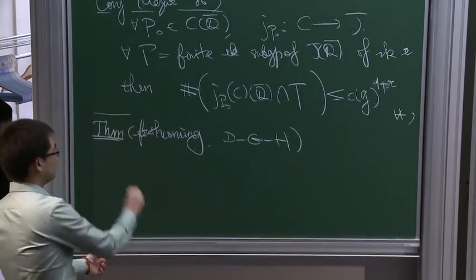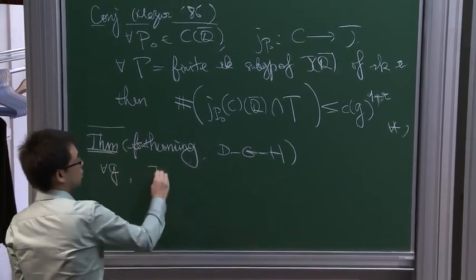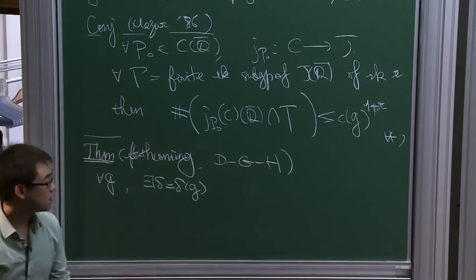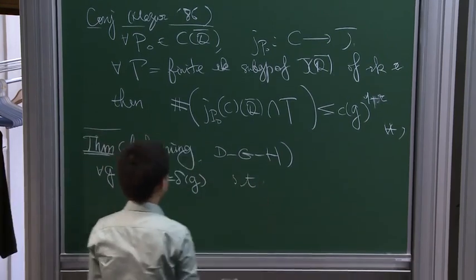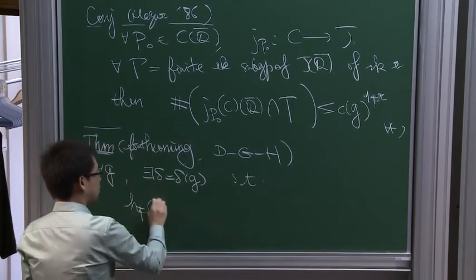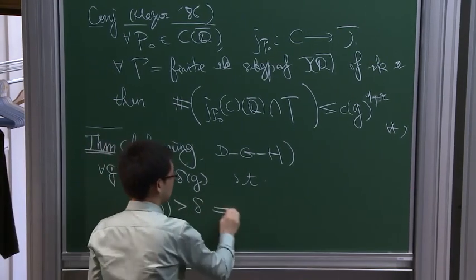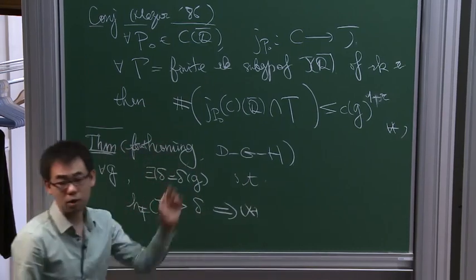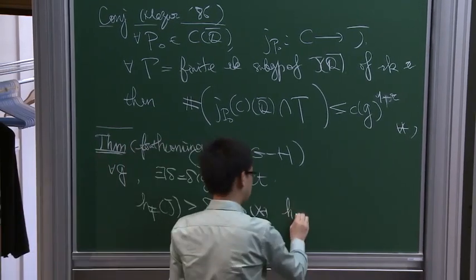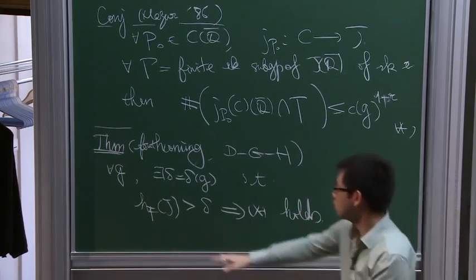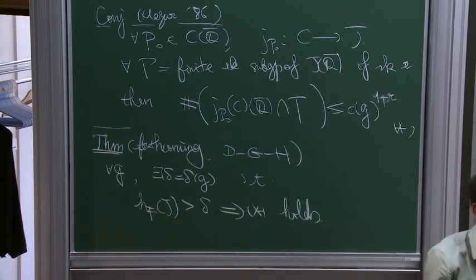Large in the sense that for any fixed g, there exists a number delta depending only on g, such that as long as the height of the curve is larger than delta, then this inequality holds. Yes, height of the Jacobian or the curve. Some people also define it as the height of the curve.